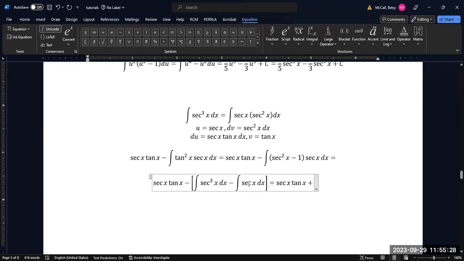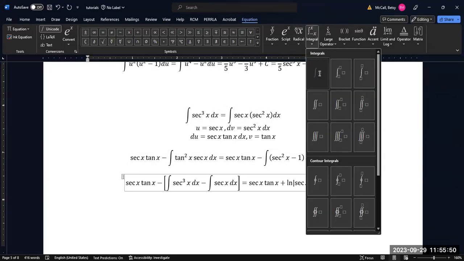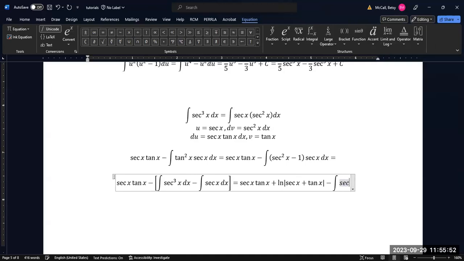And then what is the antiderivative of secant? Well, it's kind of messy. It's log of secant x plus tangent x. And then at the end, we still have our secant cubed integral again.